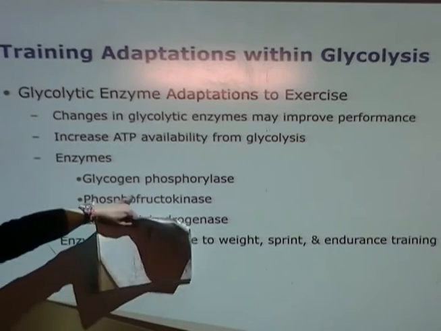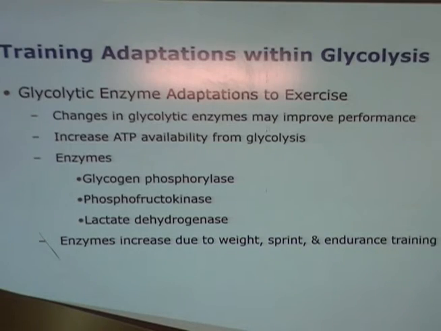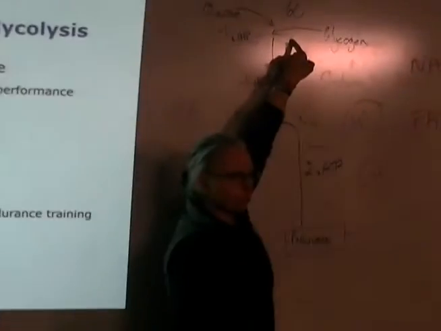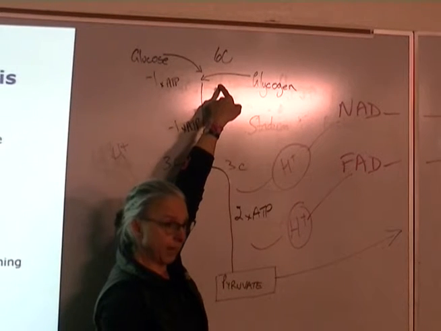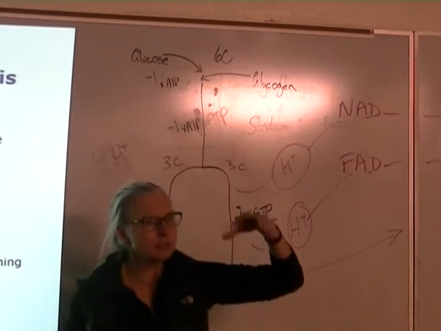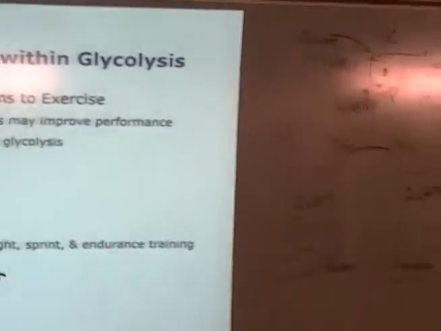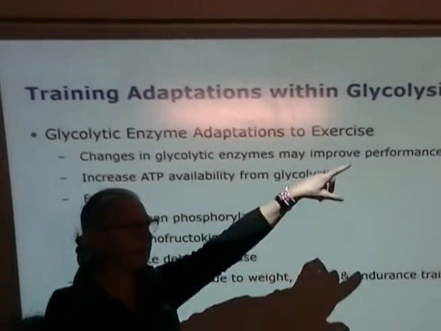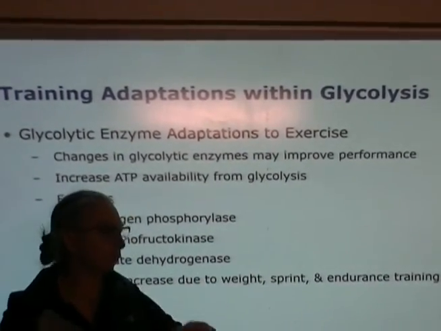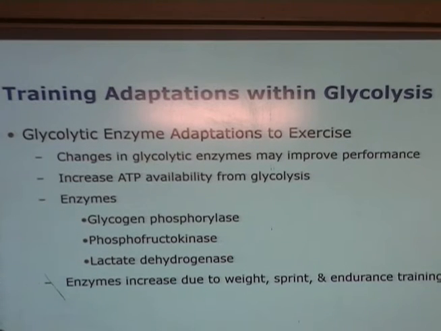So glycogen phosphorylase works right up here when glycogen is being broken down to the first level of the chain. There's been some study looking at that because people were interested to see whether or not levels of glycogen phosphorylase meant that glycogen got broken down quicker and made available to the chain more promptly.